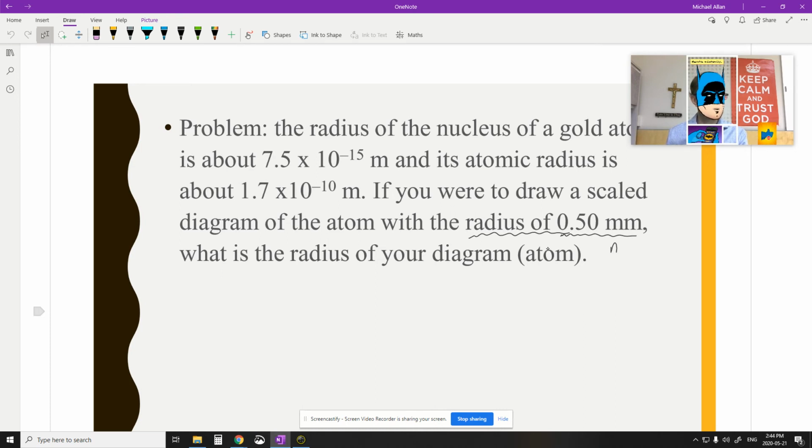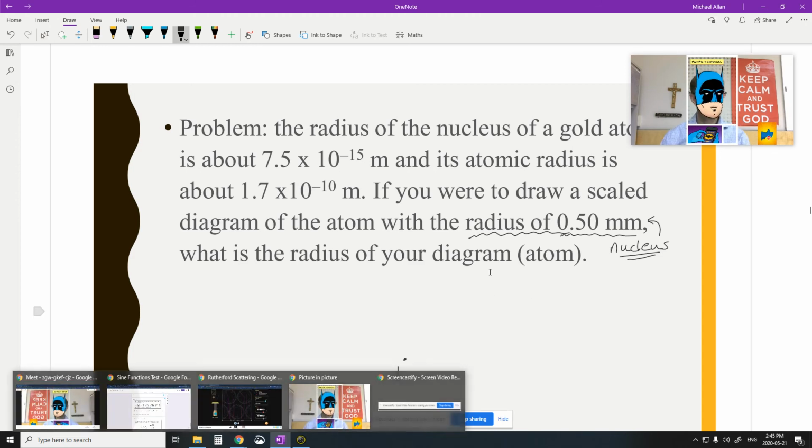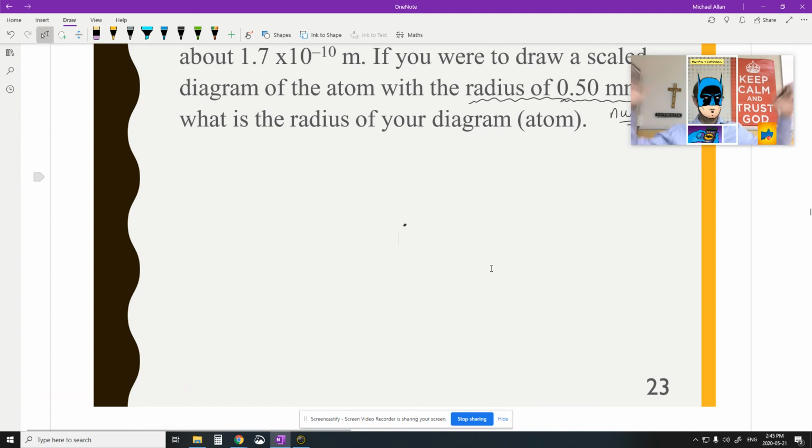How big would I have to draw the actual atom itself? Okay, so if I were to draw 0.5 millimeters, there's my nucleus right there. How large would this have to be to go out to the outside edges of this atom?